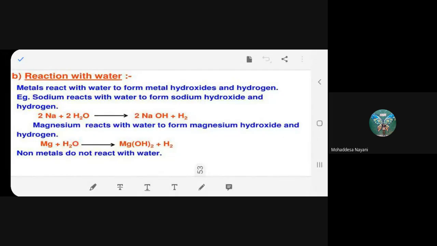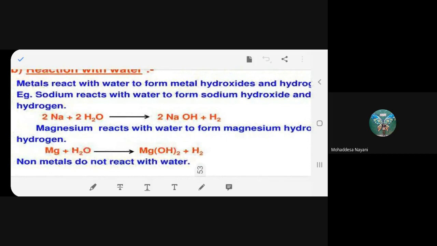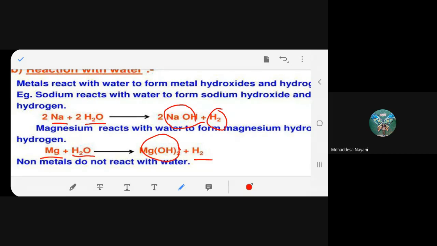Magnesium reacts with water to form magnesium hydroxide and hydrogen. Non-metals do not react with water. Good. Now let's take up sodium. It's just a revision part that we are doing. Sodium reacts with water, we get sodium hydroxide and hydrogen, right? Same way, magnesium reacts with water, we get magnesium hydroxide plus hydrogen. Is it clear?